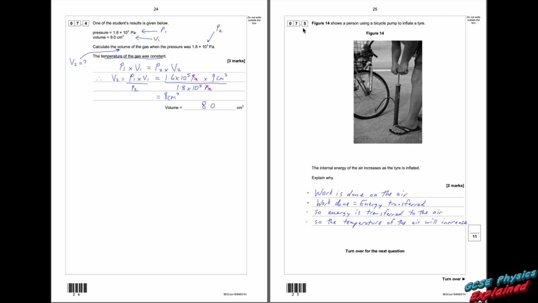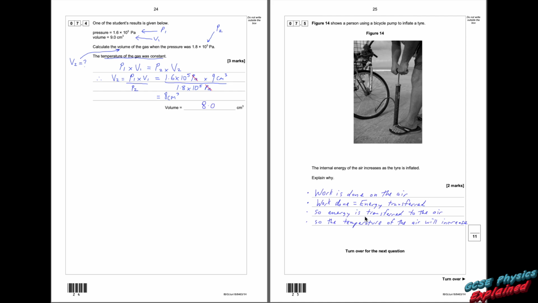Part 5. Figure 14 shows a person using a bicycle pump to inflate a tyre. The internal energy of the air increases as the tyre is inflated. Explain why. It's always the same. When work is done on the air, remember, work done is equal to the energy transferred.